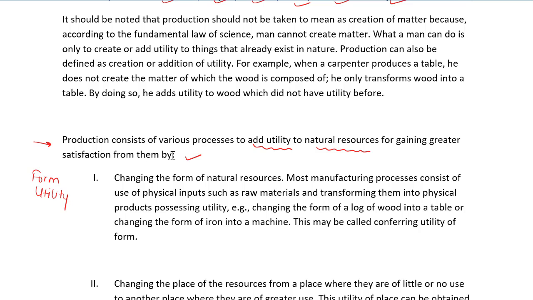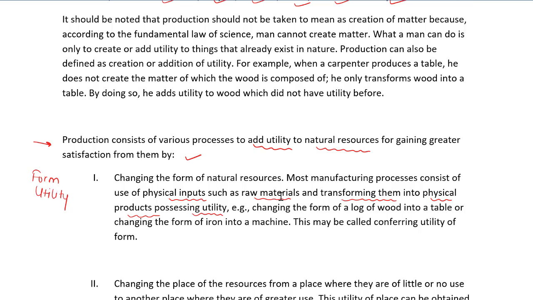If we change the form of a resource, it becomes more usable. This is known as form utility, changing the form of natural resources. Most manufacturing processes consist of use of physical inputs such as raw materials and transforming them into physical products possessing what? Possessing utility, which could be measured in terms of utils.